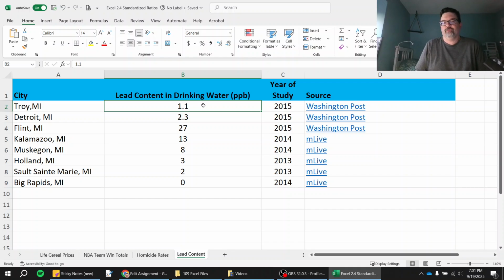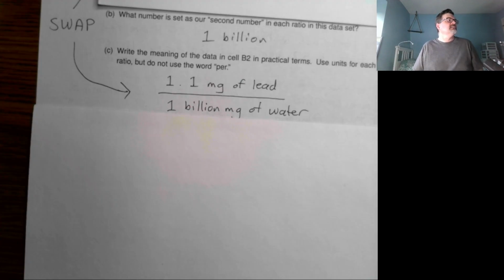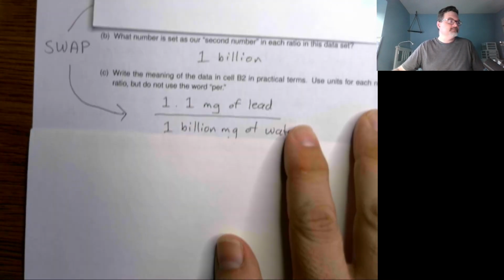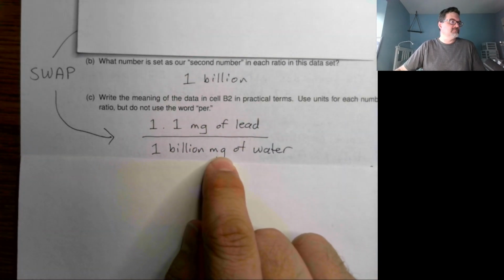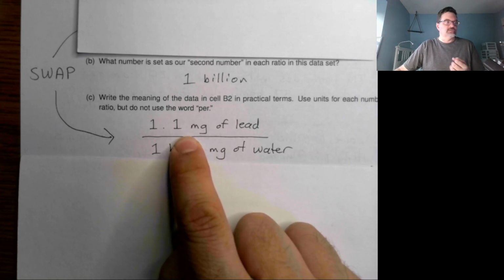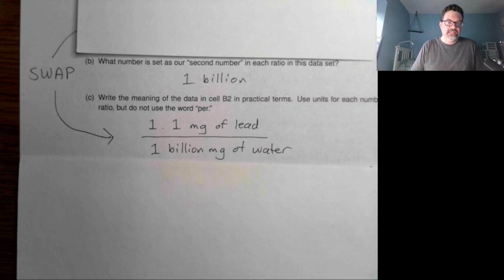All right. So if we were to measure the water by weight, say like in milligrams, which is what is mentioned in the exploration. Again, I wrote the wrong thing in the wrong place. I didn't want to rewrite everything. This is what should be up in A. So just writing the ratio, 1.1 parts per billion means for every billion milligrams of water, there's 1.1 milligrams of lead in it.